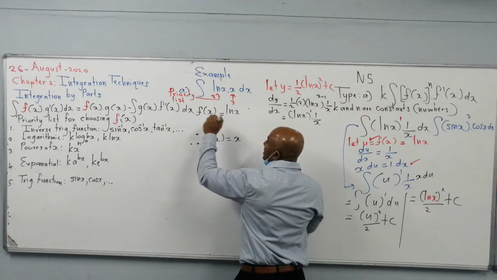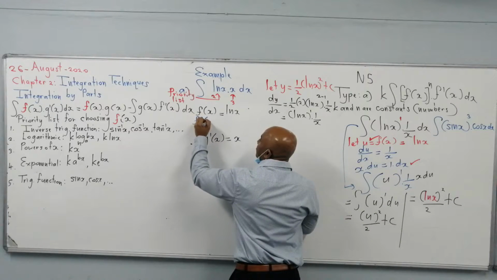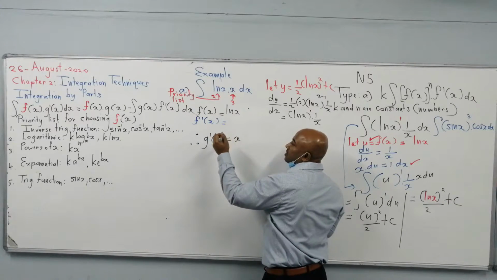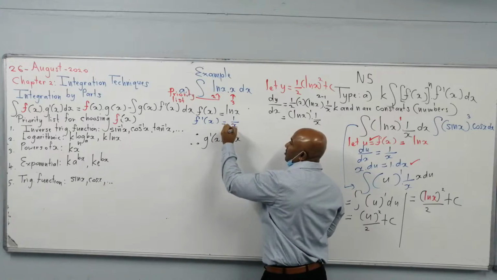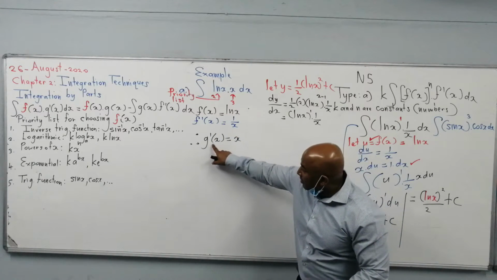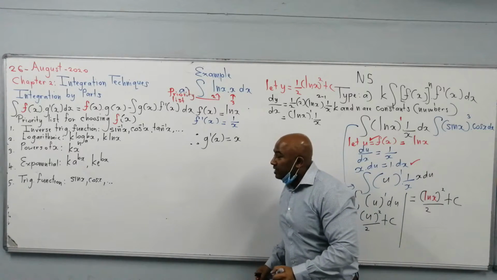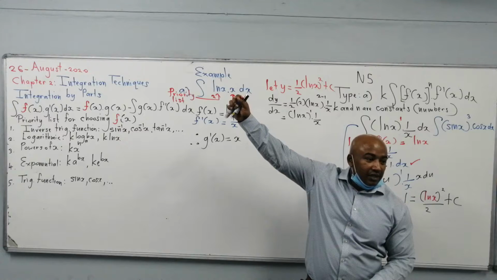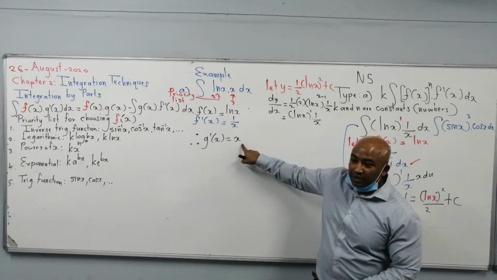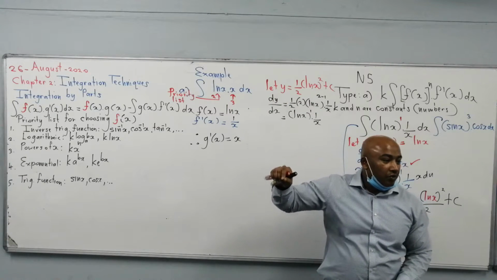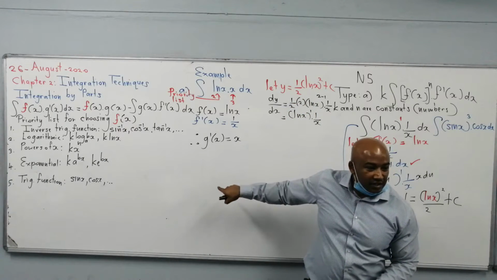Once f of x is ln x, therefore f prime x, the derivative of ln x, will be 1 over x. Now g prime x is equal to x. Now what does g prime x mean? It means you differentiated something and then your answer was equal to x. So I want to know, what did you differentiate in order to get the x?